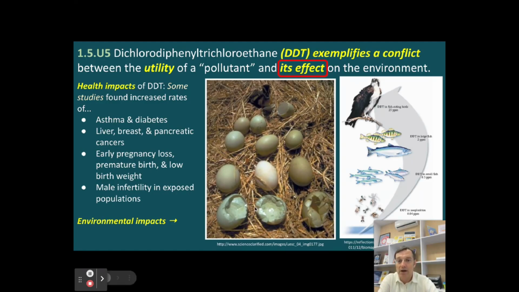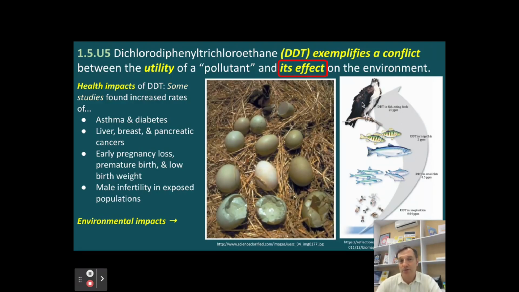Okay, so its effect on the environment. We know that DDT thins out the shells of bird eggs and results in higher mortality rates among bird species, and that then has an impact on the environment because it disrupts food chains. We also know that DDT is a persistent organic pollutant, so it bioaccumulates in different organisms, and then it biomagnifies up the food chain.